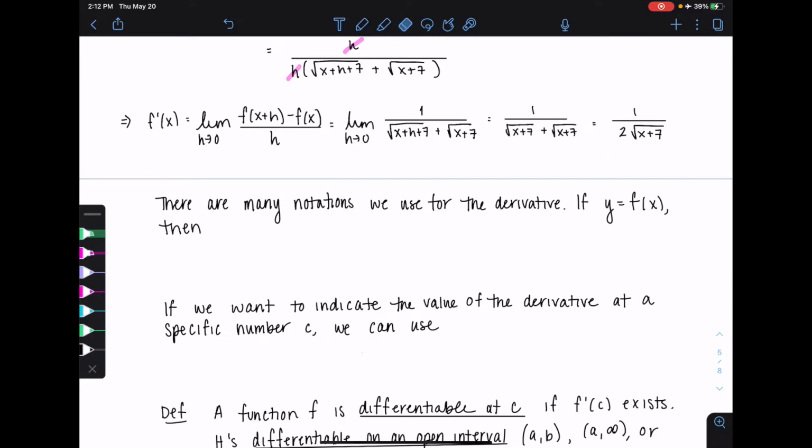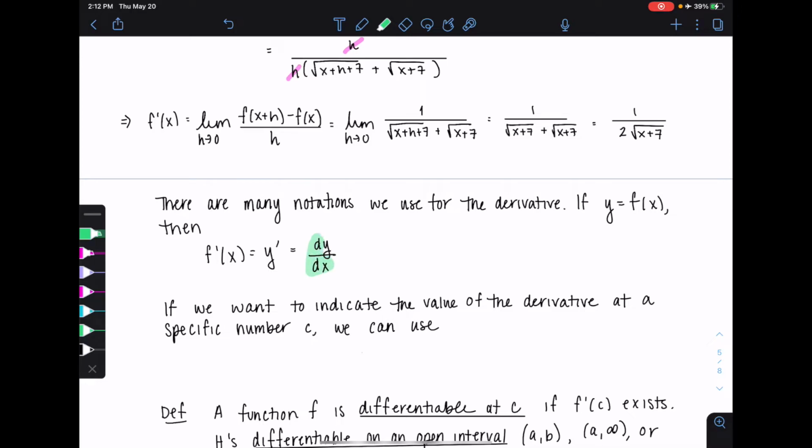So realistically, we have a ton of different ways to talk about this derivative. It really depends on the context of the problem, which notation you're going to use. But if you have y equals f of x, then the derivative can be written as y prime, so we use that prime notation. You can also write it as dy dx. So this is called Leibniz notation, after a mathematician Leibniz.